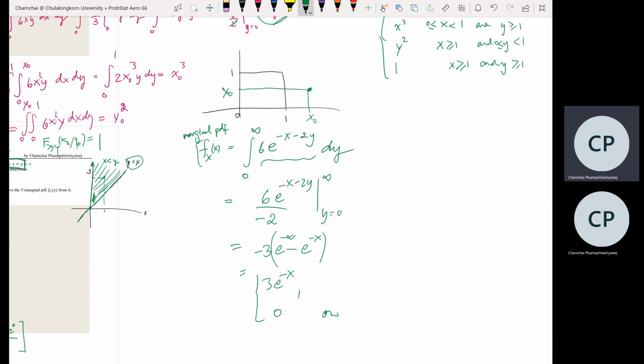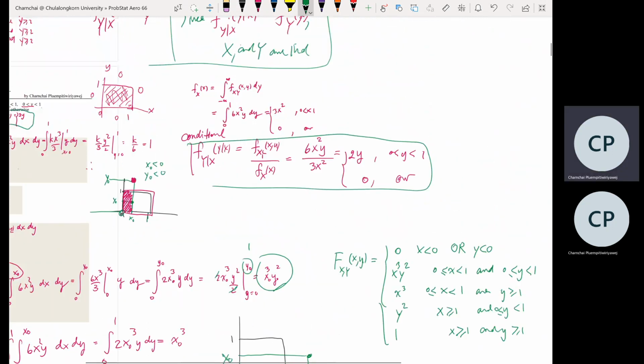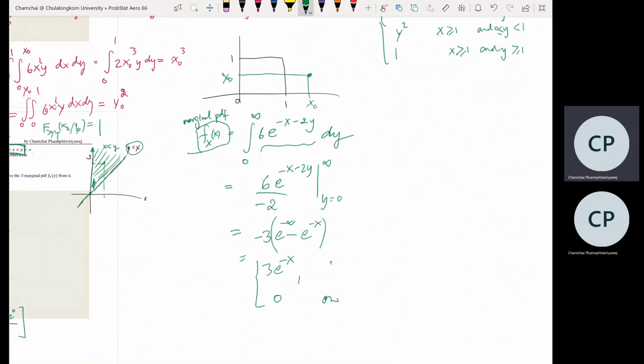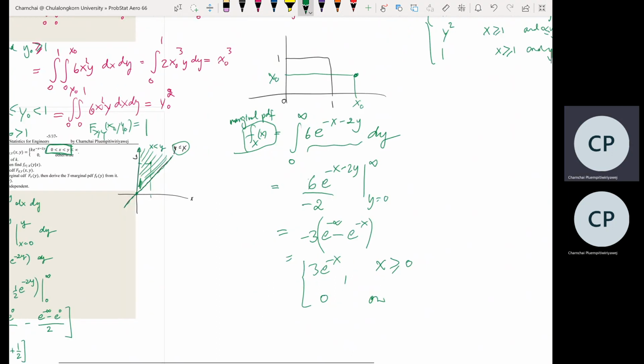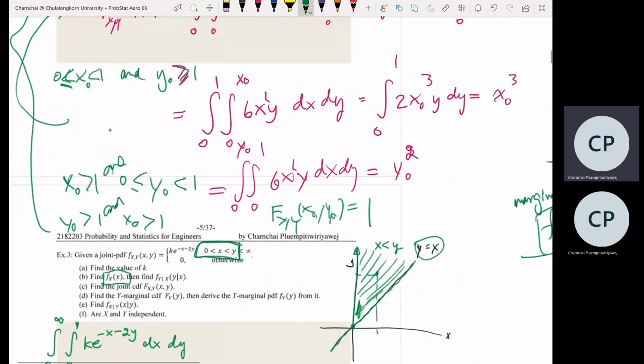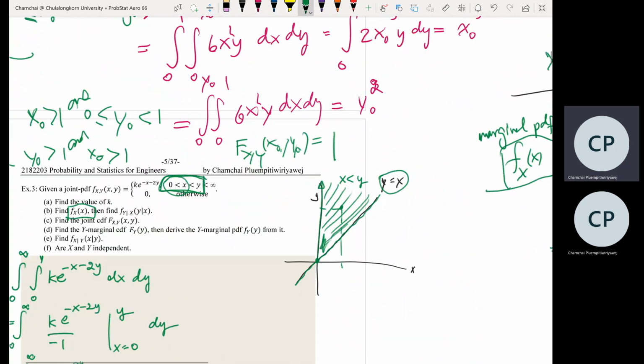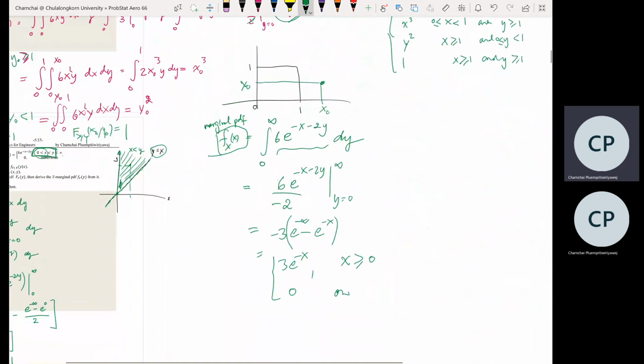No, in this case this is marginal, now marginal there's no more y, so x from 0 to infinity, x more than or equal to 0, ใช่ไหม okay, because the range of x is here, x is more than or equal to 0, okay, this is the marginal x.